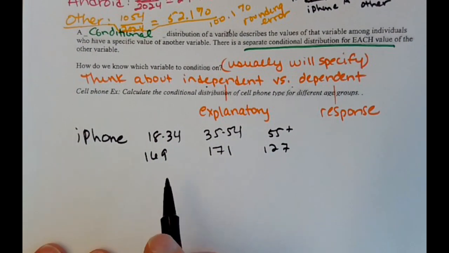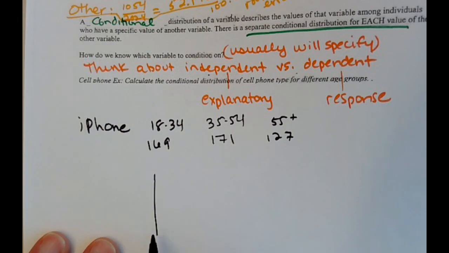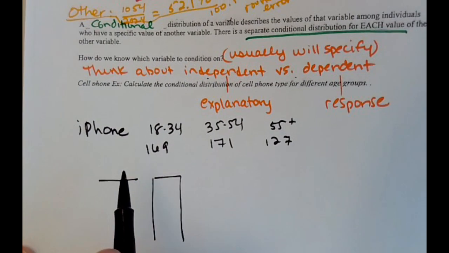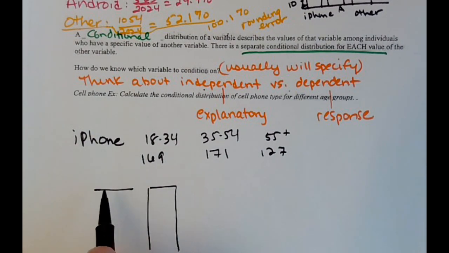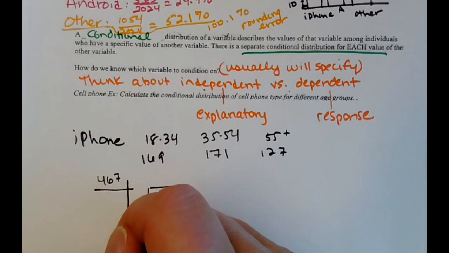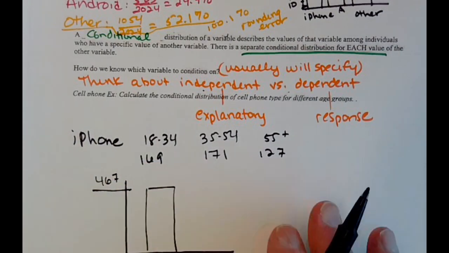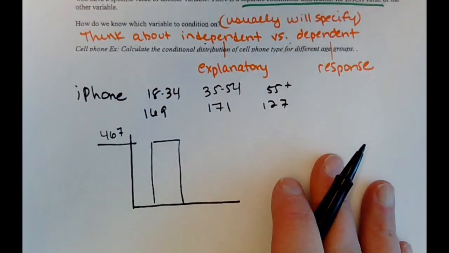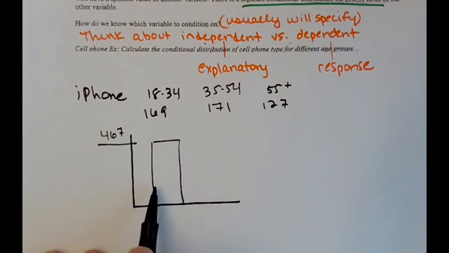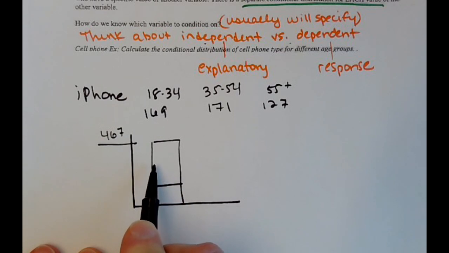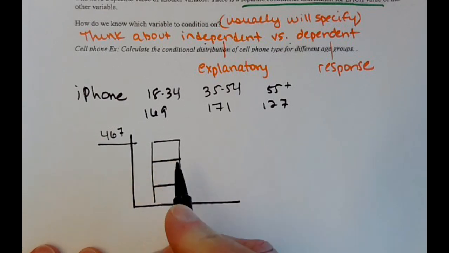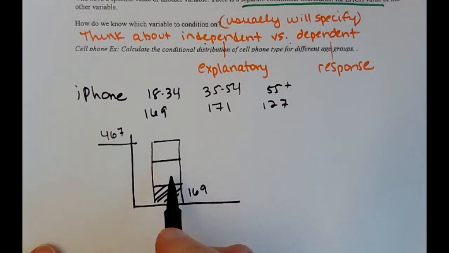So what you want to do to make that segmented bar graph is you're going to have your bar graph with your total, that would be 467 as my total on my y-axis. I made a really long line there, but I didn't really need to, but that's okay. And so my segments are going to be broken down, and you can see this might be my 169.